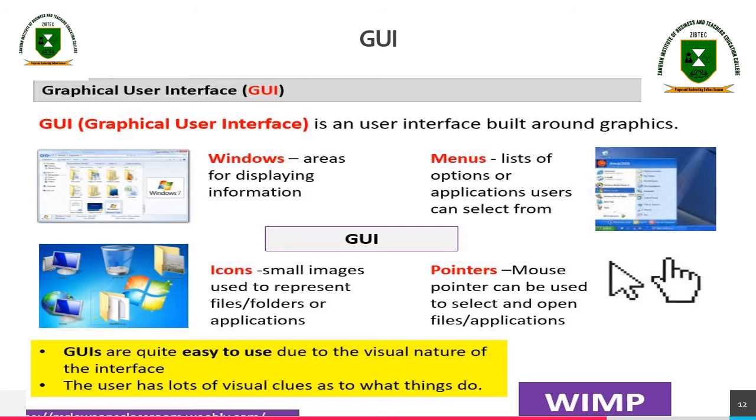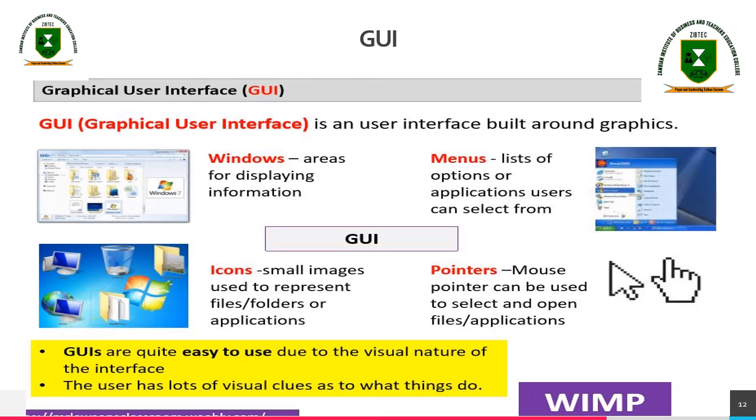The menus are lists of options or applications users can select from. So these are some of the examples that are presented under the graphical user interface. We also have icons. Icons are small images that are used to represent files, folders, or applications.